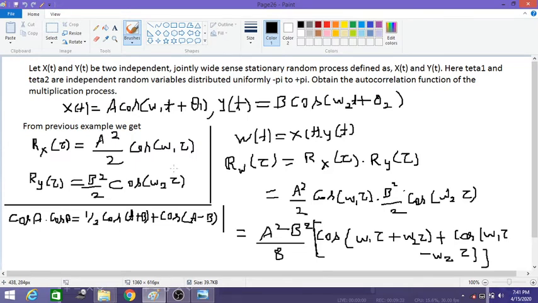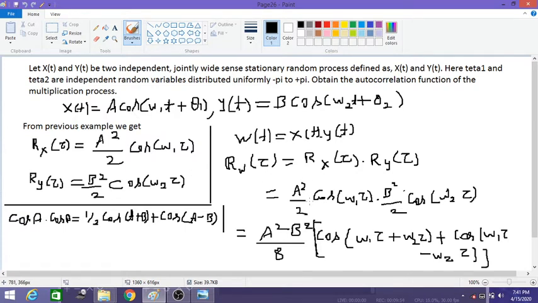Now we know that the multiplication of these processes, that is x of t into y of t, results in the product of the autocorrelations of the individual processes, that is Rx of tau into Ry of tau gives Rw of tau, a new process. So we have substituted these terms here.